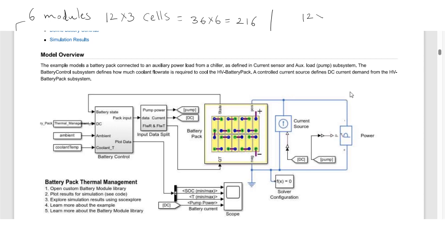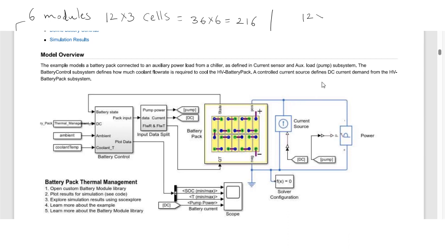So this is the HV battery pack. It will be heated based on your power requirement. This is the power load requirement. So how much coolant is required to cool this battery pack is decided by the battery control system. So a controlled current source defines the DC current demand from the HV battery pack subsystem. So this is a controlled current source.